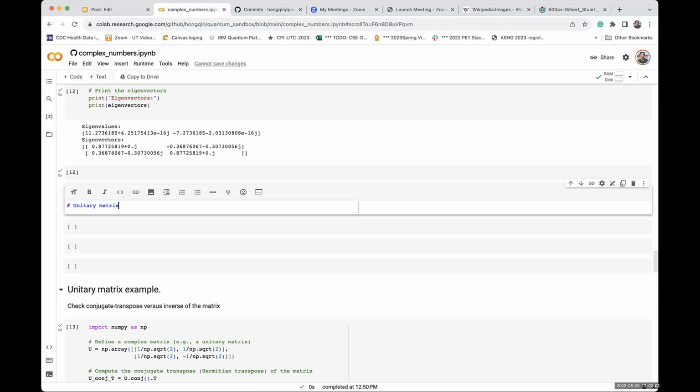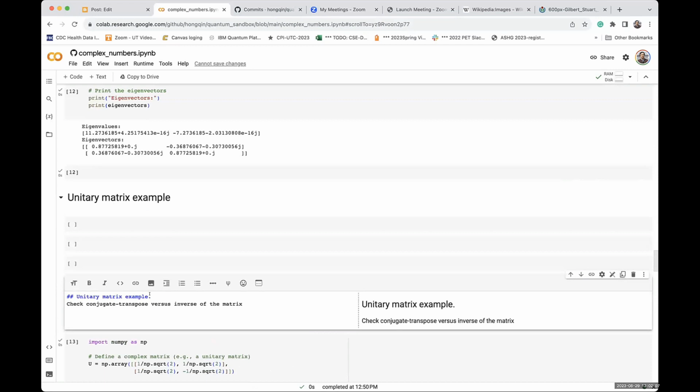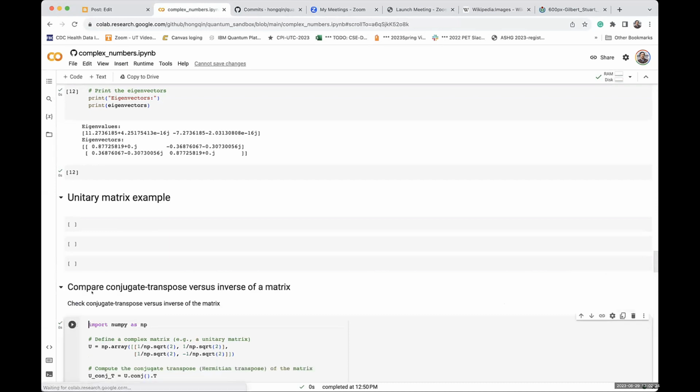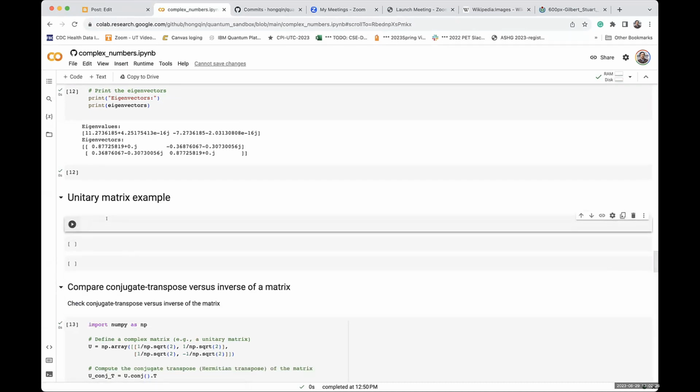Unitary matrix example. This is actually compare conjugate transpose versus inverse. Okay, let's all work on it for a few minutes.